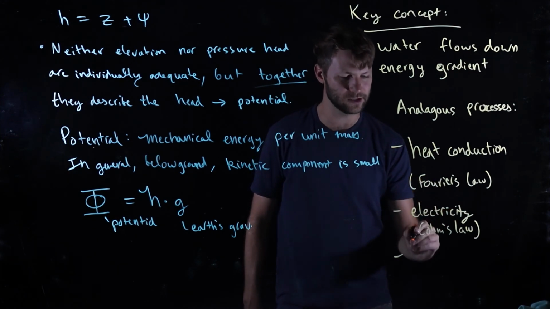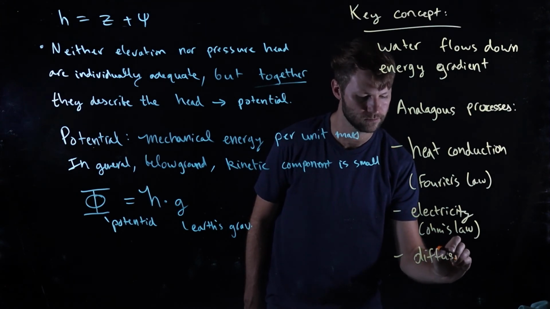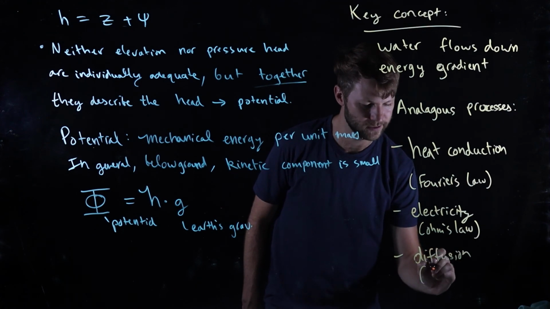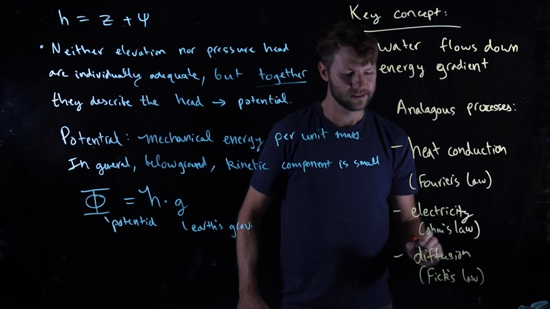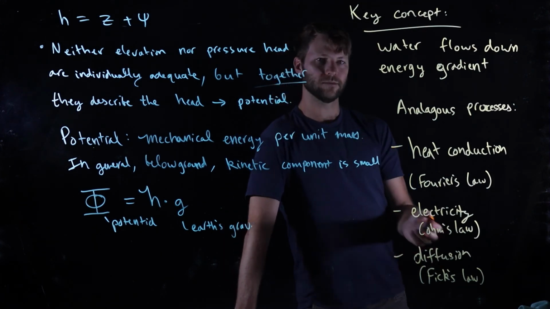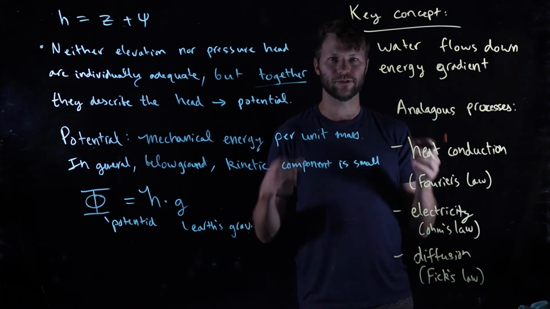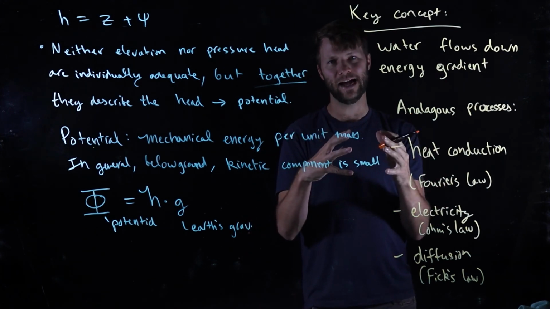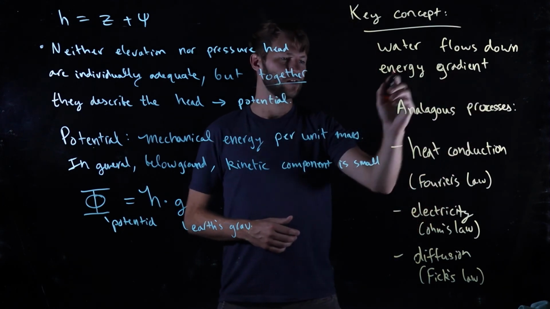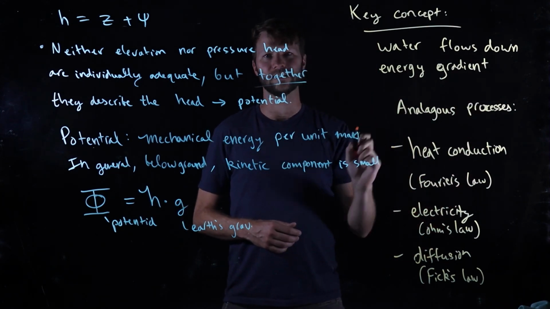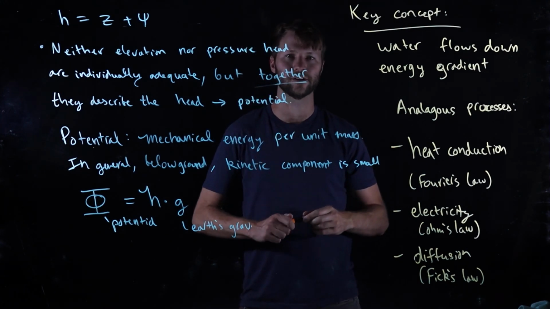And finally, in chemistry, we know that the diffusion of molecules, according to Fick's law, says that in general, molecules will flow down a gradient in concentration from areas where molecules are tightly packed to areas where their concentration is smaller. These are all mathematically analogous to the flow of water in response to a hydraulic head gradient according to Darcy's law.